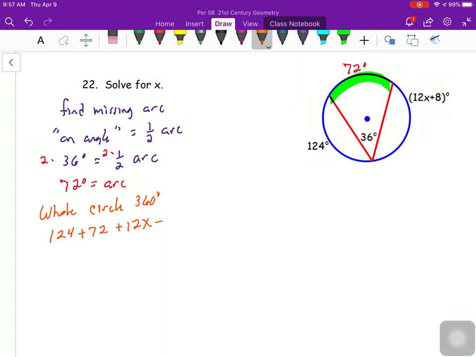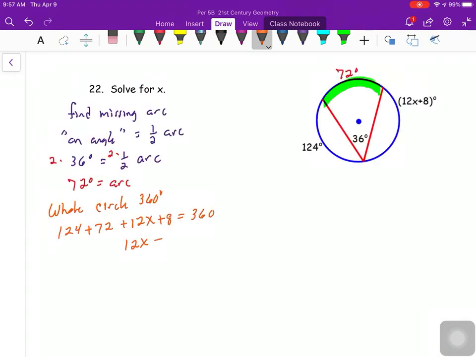And now we're going to use the whole circle. A whole circle is 360 degrees. So 124 plus 72 plus 12x plus 8 is equal to 360. Combining like terms, we have 124 plus 72 plus 8, 204.